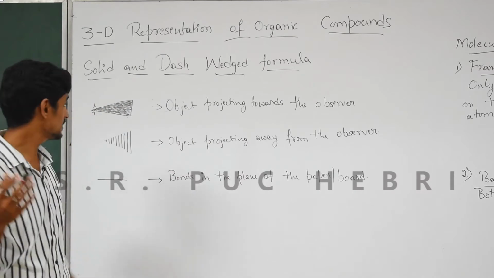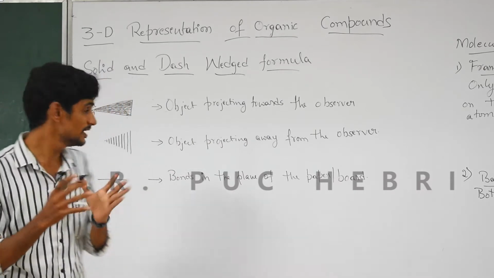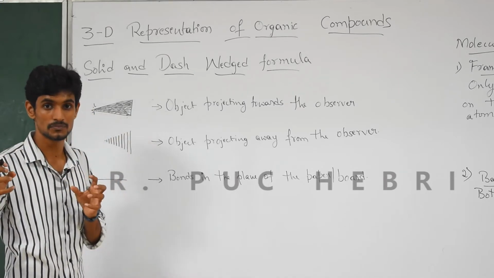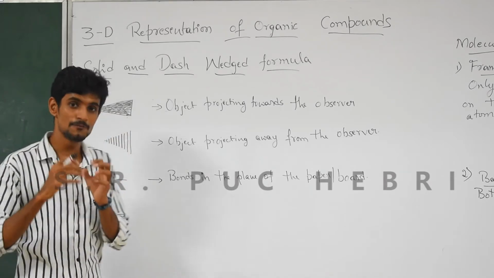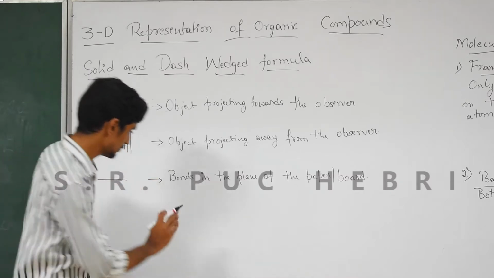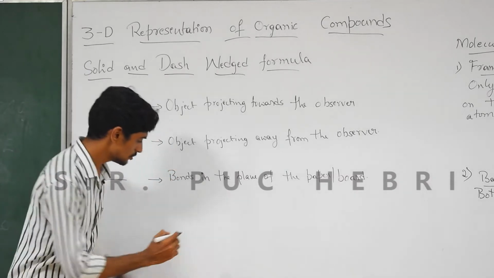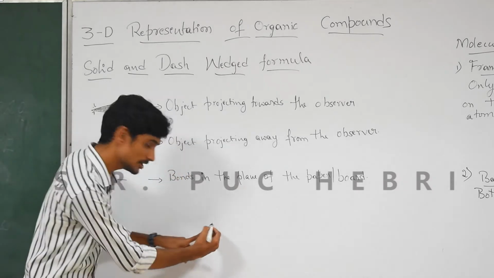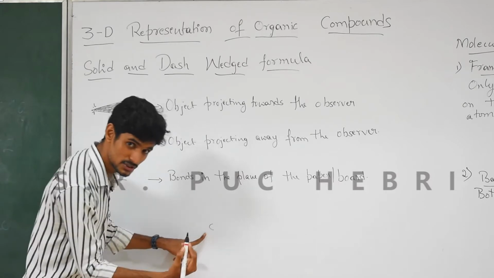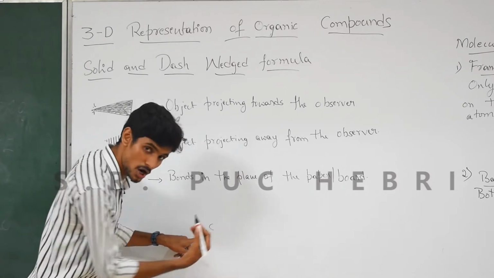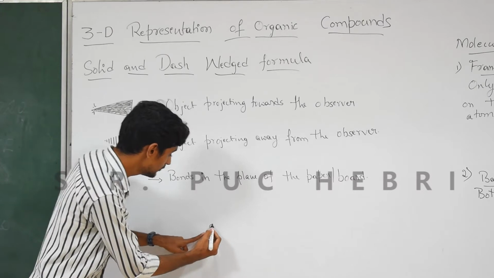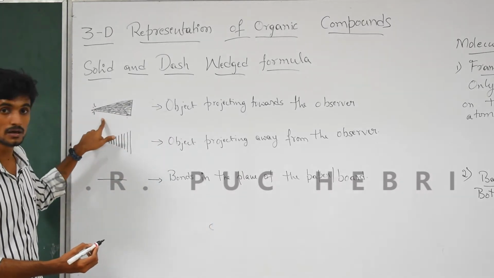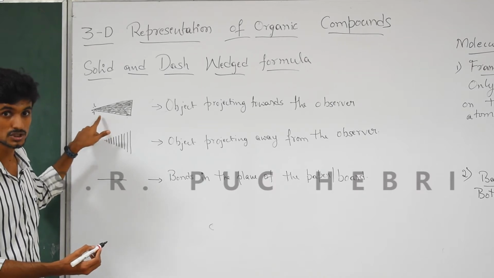Here the object is our bond or any atom. In any compound, if this is the plane and an atom is projecting towards you or towards the observer, then we represent that bond as a solid wedge.